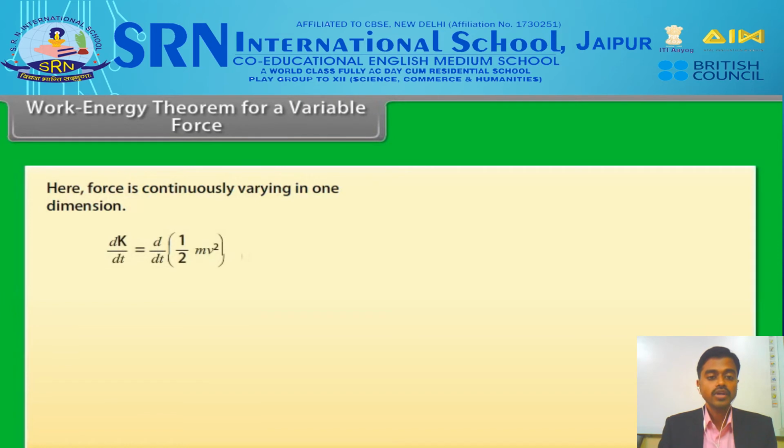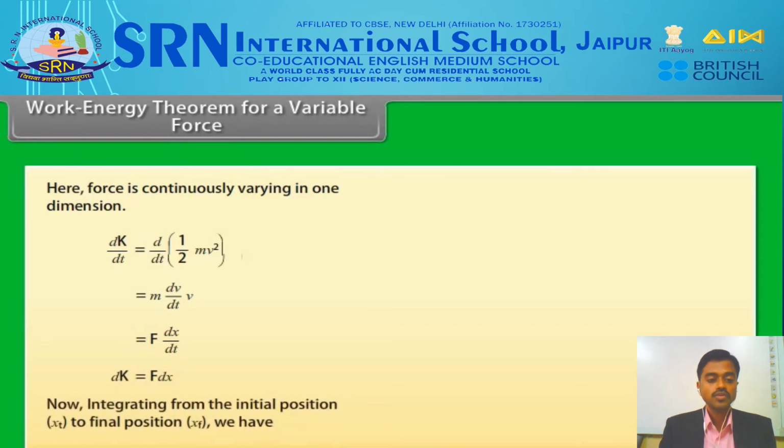Here every time the force is changing its magnitude, in that condition we can find the differentiation of kinetic energy. So dK upon dt is the differentiation of kinetic energy with respect to time. The formula of kinetic energy is half mv square, so we will differentiate it too. Now we will put in the value and we get dK is equal to F dx.